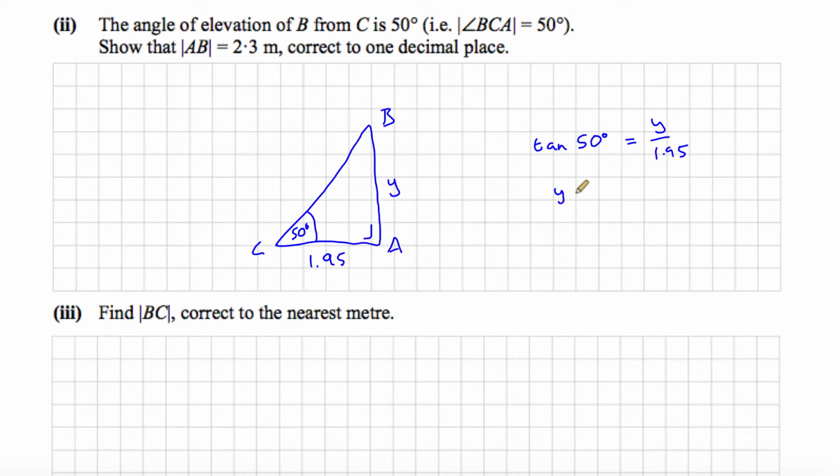So y, the side we're looking for, will be 1.95 multiplied by the tan of 50. And that gives us y equal to 2.2, well, let's check that.